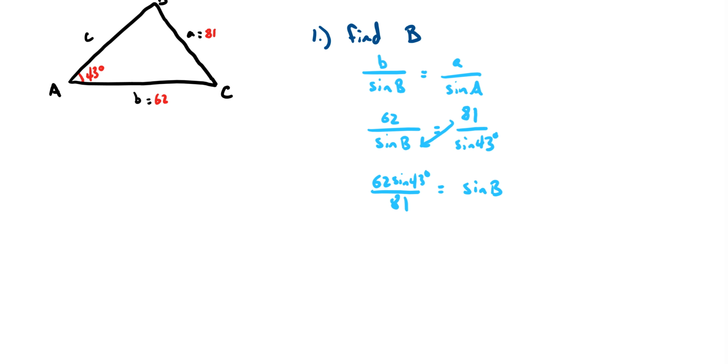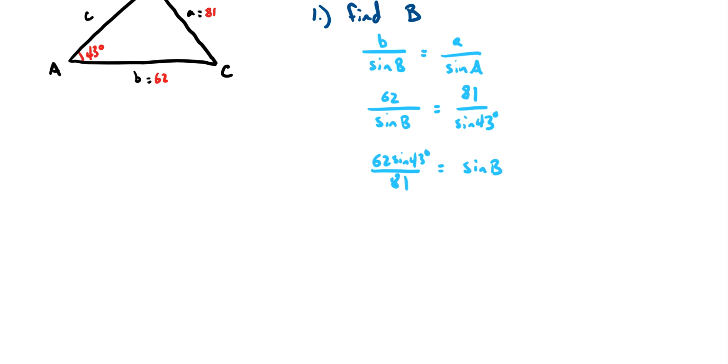So we get sine of B equals 62 times sine of 43 degrees divided by 81. In order to solve this for B, we need to remember our inverse properties. To solve for the angle, we need to do the inverse trig function on both sides, technically. So we're going to do sine inverse: B equals sine inverse of 62 sine of 43 degrees over 81.